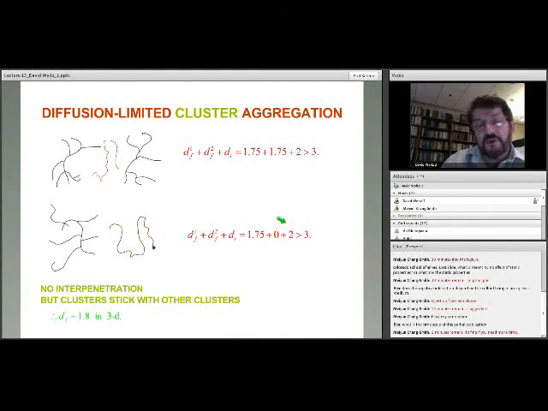You have them able to penetrate. And the fact that they can penetrate actually means that the object is going to get much more dense. And that's essentially what you were seeing when you saw those clusters that were formed by particles that were not destabilized completely. They were able to interpenetrate much more and have much more dense structures.